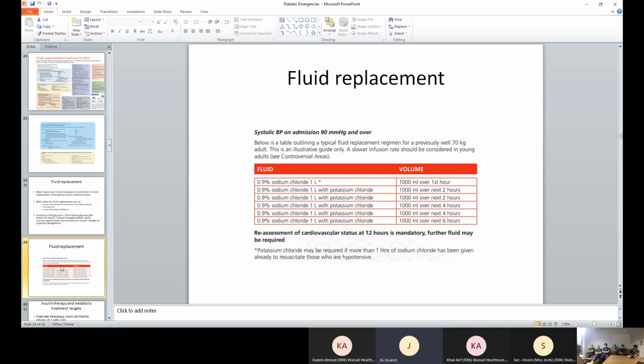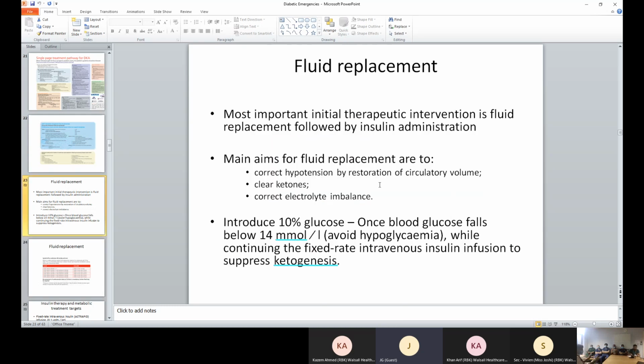But when the blood sugar drops below 14, if you continue the high rate of insulin, they are at risk of developing hypoglycemia. So that is the reason that we are adding the 10% dextrose. Do you understand?